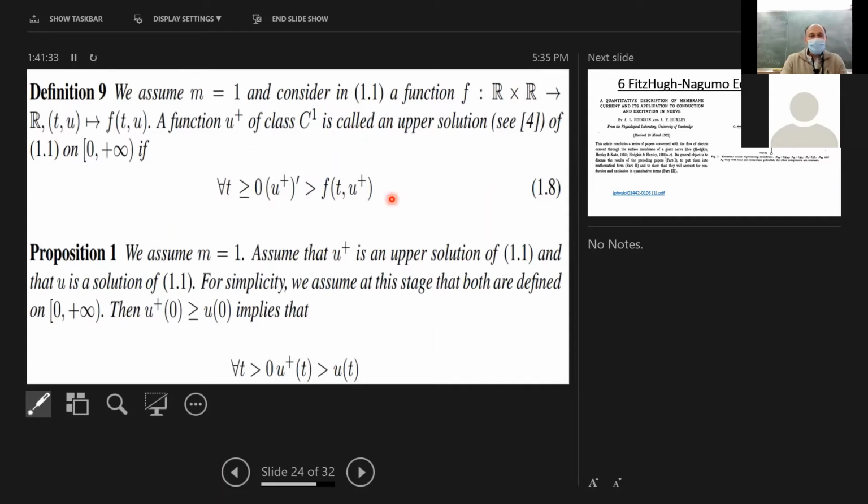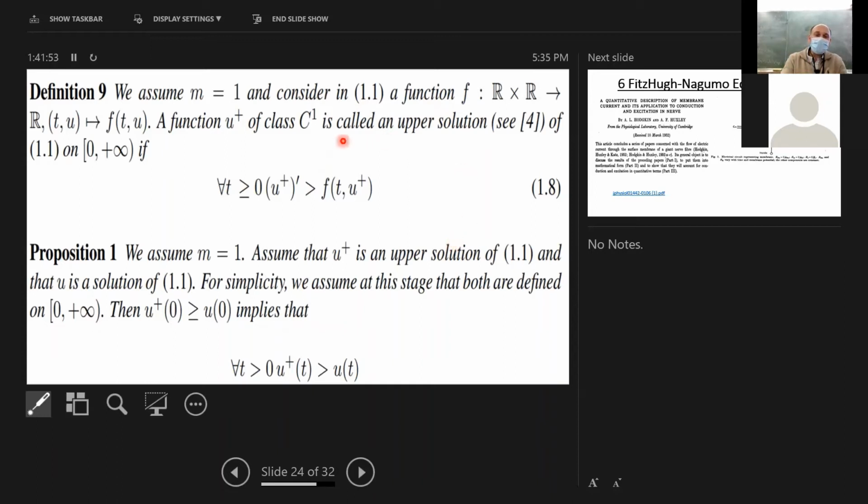Yeah. So now this is some comments. So this is the so-called lower and upper solutions. So the Hodgkin-Huxley, I give you the proof to show, for example, that m or n is less than 1.